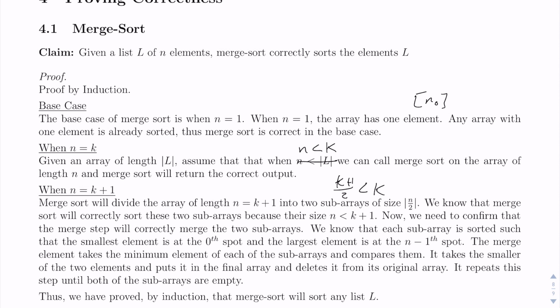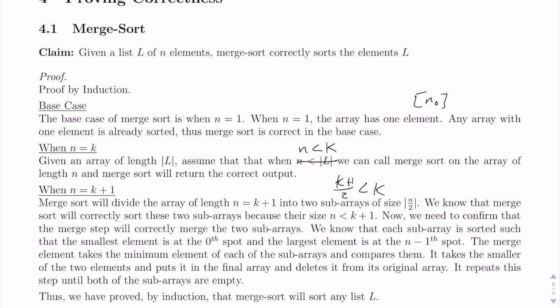So what we have now is we've proven that when you call merge sort on an array of size k plus 1, its two subarrays are sorted. So now if I can prove that the merge step of merge sort is mathematically correct, then I've proven that on any arbitrary k, on any arbitrary array, merge sort will be mathematically rigorous and correct.